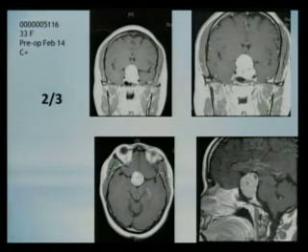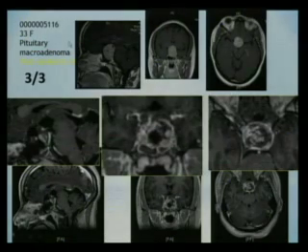Typically, you have the snowman appearance, i.e., there are little notches that stick in on the side here, which are the diaphragma sellae, okay? It kind of pinches the snowman from the sides. So that was a pituitary macroadenoma which was operated on, and you can see remnants here.